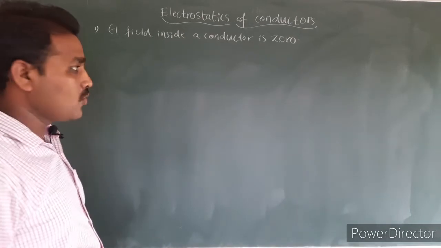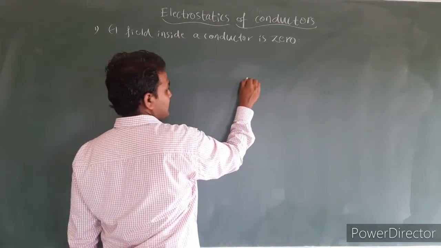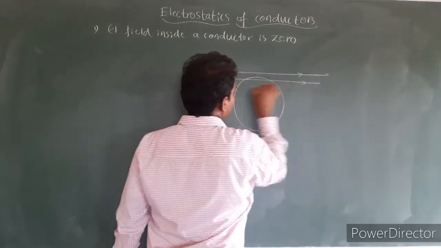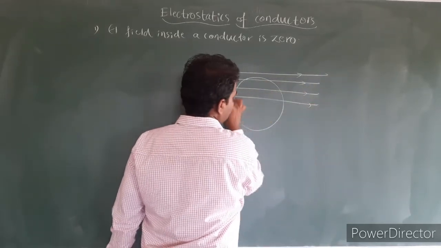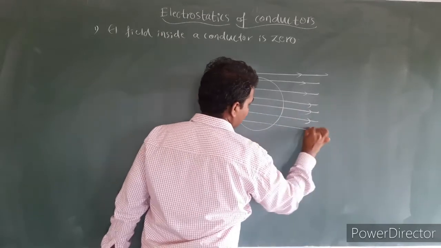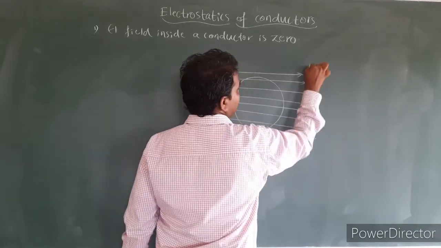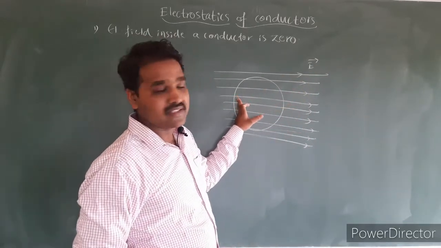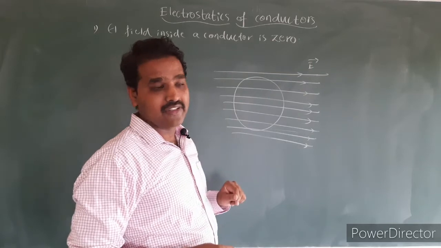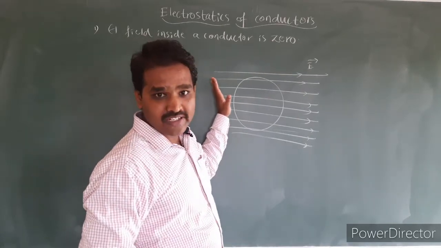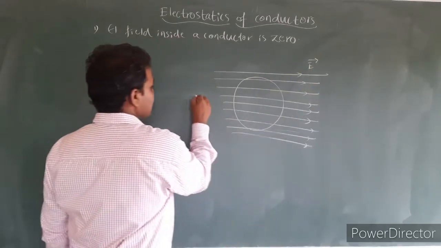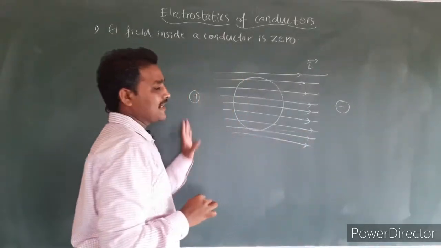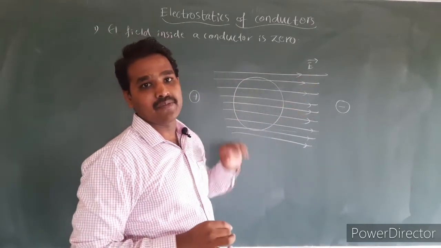To understand it, let us consider a conductor placed in a uniform electric field of intensity capital E. If the direction of the electric field is along the positive x-axis, on this side we can consider a positive charge and on this side a negative charge, which creates the electric field.